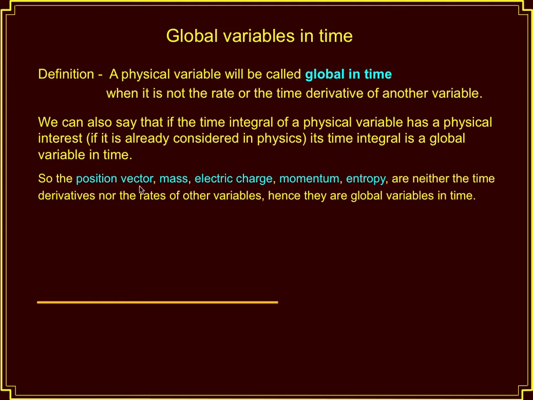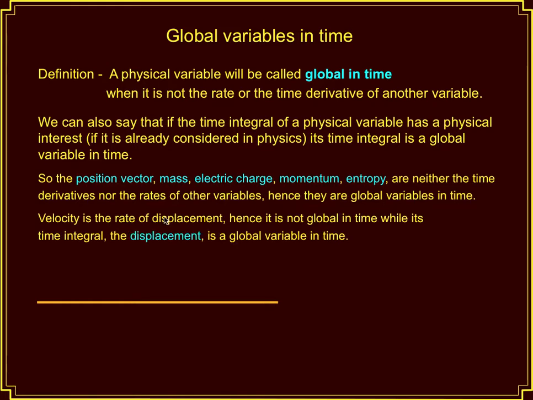So the position vector, the mass, the electric charge, momentum, entropy are neither the time derivatives nor the rates of other variables. Hence, they are global variables in time.